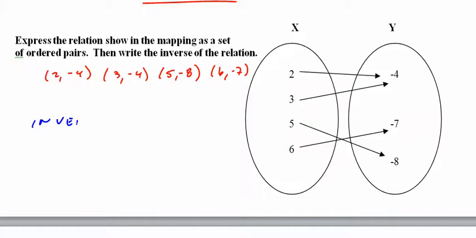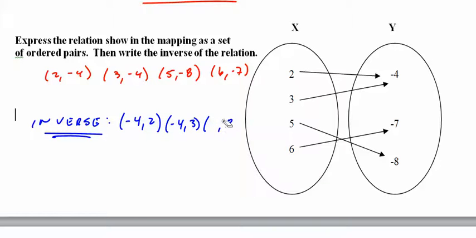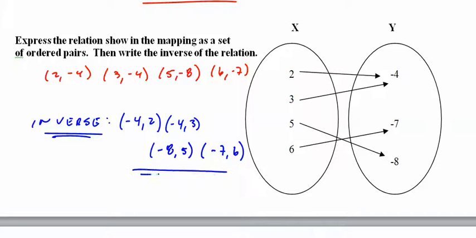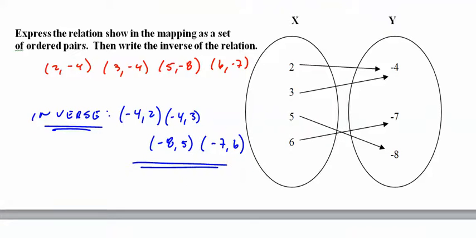Again, why would we do that? Well, like I said, we can turn some data on its head and make some interesting assumptions. (-4, 2), (-4, 3), (-8, 5), and (-7, 6). And that's it for relations.